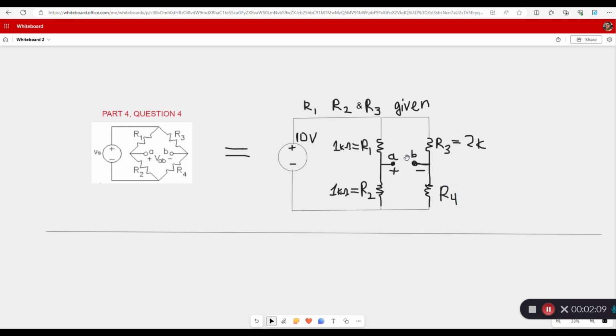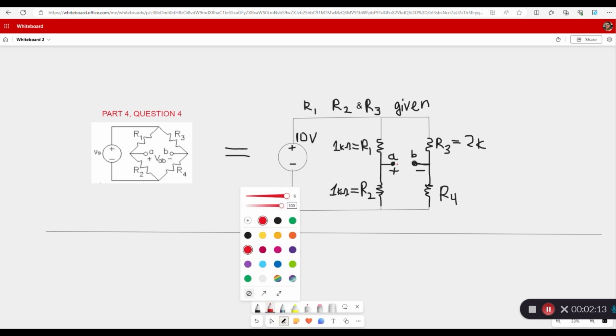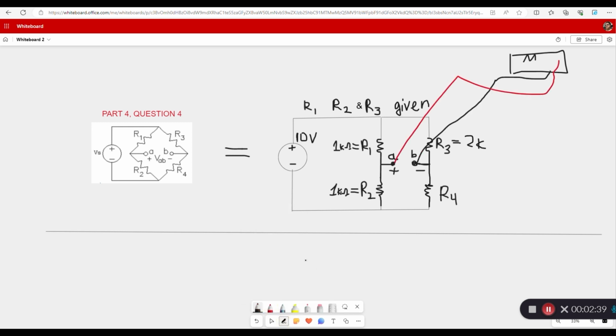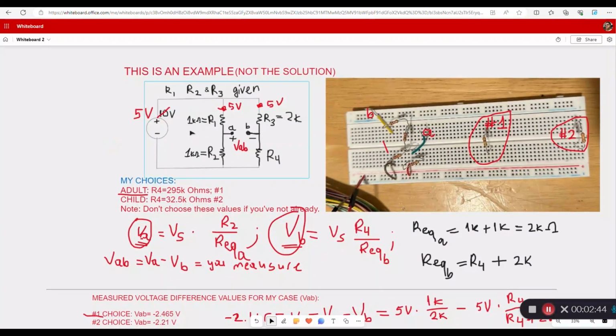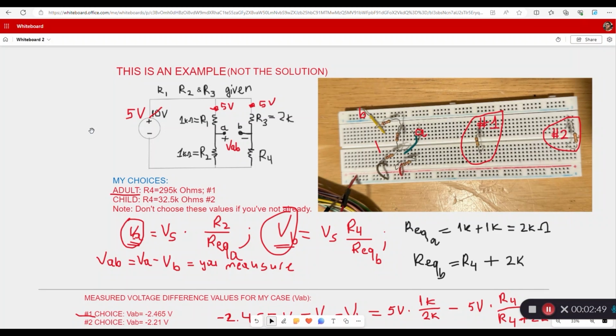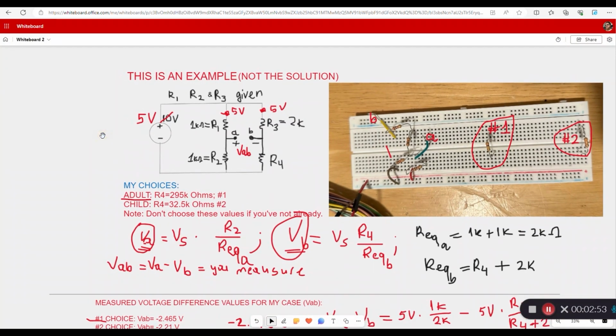Hope everyone knows how to measure voltage difference between A and B, but just in case, I'm just gonna draw it here. I changed the source voltage just to give you an example, but the calculation will be similar to this one. Okay, so the circuit that I built is on the right hand side. My choices of the two resistors are 295 kilo ohms and the second one is 32.5 kilo ohms.